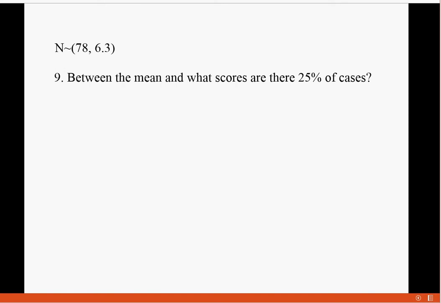Question number 9. Between the mean and the worst scores are there 25% of cases. Okay, let's draw this diagram here. We know that the mean, 78, is in the middle. If you have an interval of 25% on either side, the question is, what is this lower value x and the upper value x?